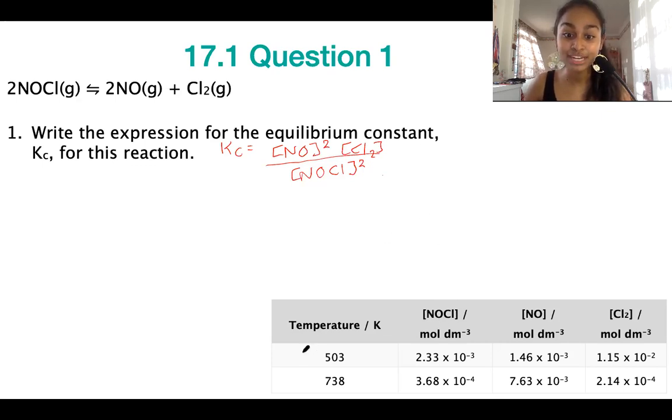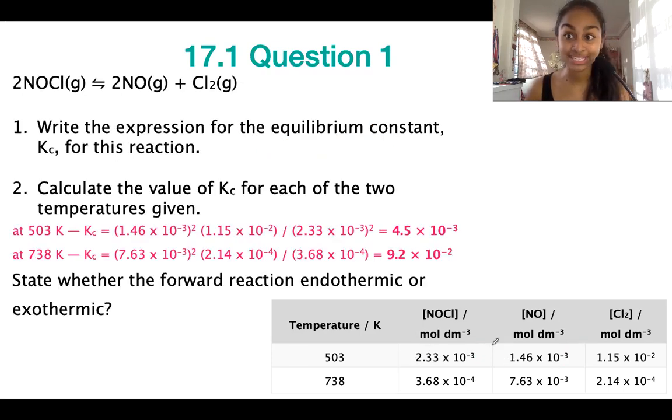For example, if we look at the first temperature, you're going to do this value squared multiplied by this value, and that's going to be your numerator divided by [NOCl]^2. So this value is going to be squared. And that's essentially what I've worked out for you here already. So we're following our Kc expression to find our values.